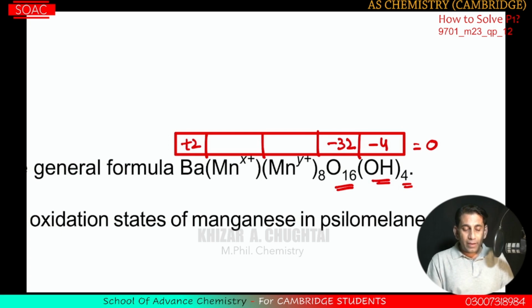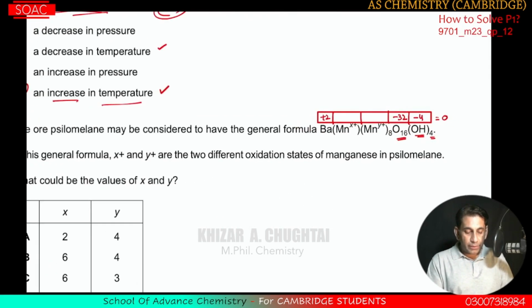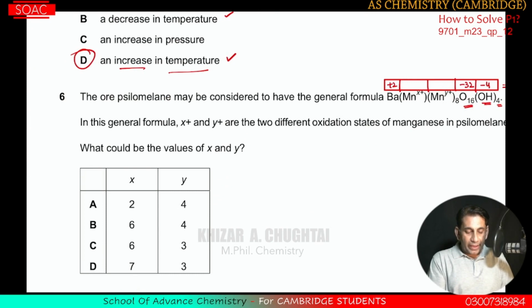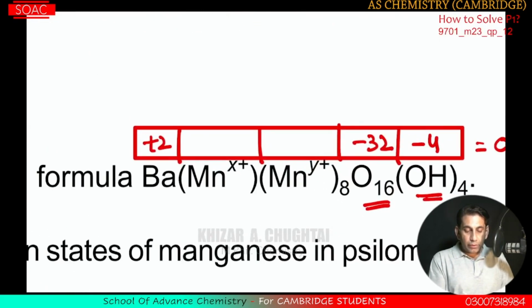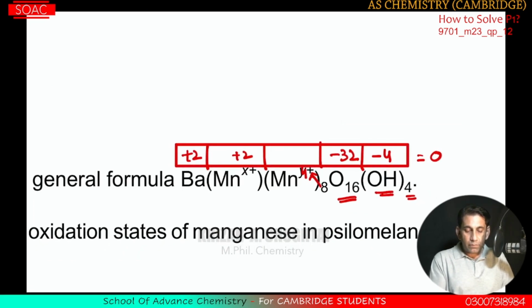So what should be the values of X and Y? The sum of all these terms must be equal to 0. I'm trying option number 1. If I put X equal to 2 and Y equal to 4, then X equal to 2 means +2, and for Y equal to 4, the 8 manganese atoms give 32, plus 32.